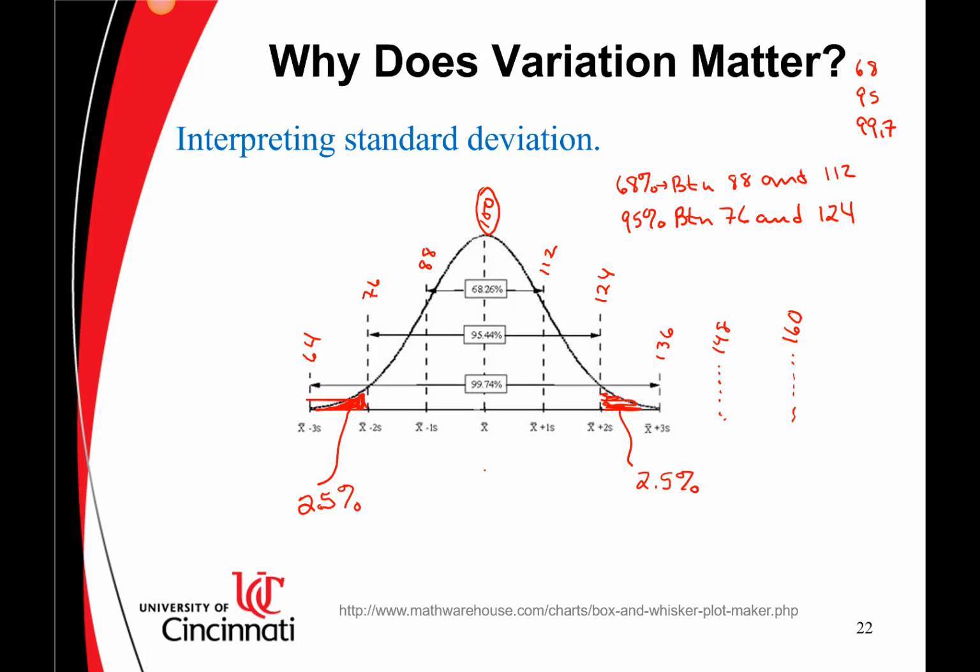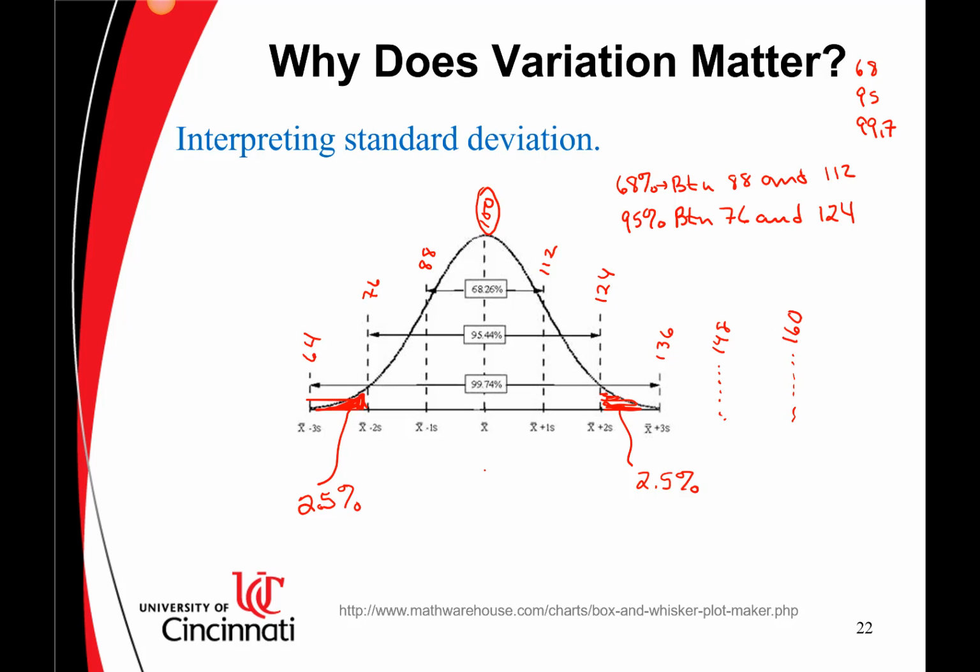Now, we're not done talking about this. We're going to come back and talk some more about it, but I wanted to just lay a basic foundation for you on why standard deviations are even handy, why anybody cares, because it allows you to take any set of data and fit it to this curve. As long as the data is fairly reasonably distributed, a normal distribution, most in the middle and less out on the ends.